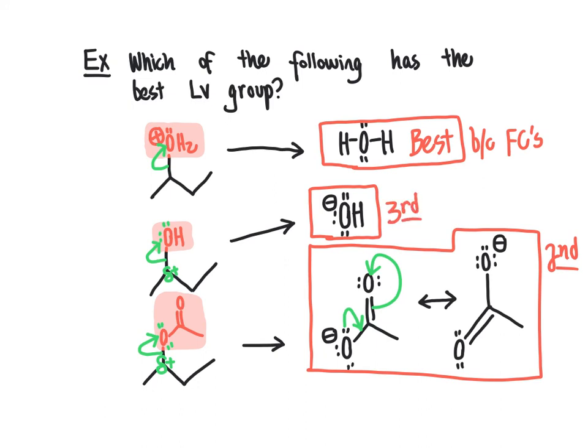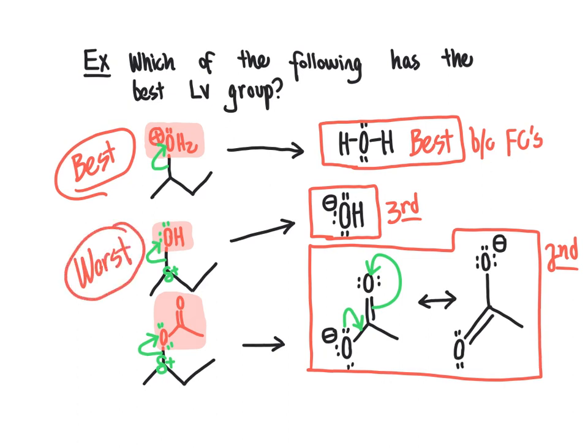It is the least stable, and therefore if we're thinking about which of these molecules is going to react best in a nucleophilic substitution reaction, the one you want to pick is going to be this one at the top. The one you want to steer clear of is going to be the one with the hydroxy group on it, the alcohol, because that's not going to yield a stable leaving group.